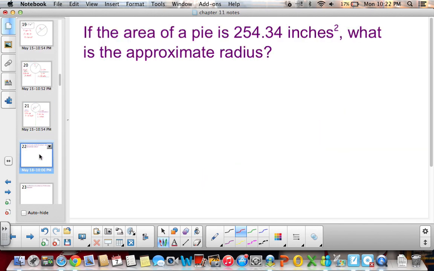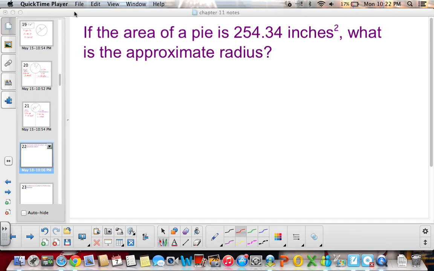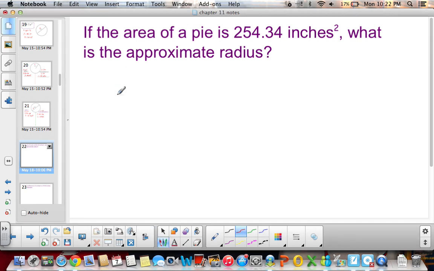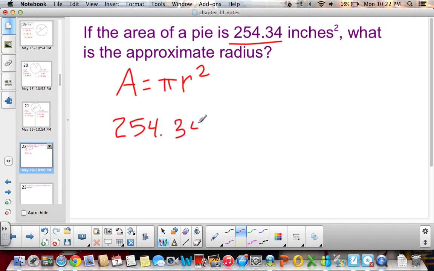If the area of a pie is 254.34 inches squared, what is the approximate radius? So again, we have A equals pi r squared. I'm given the area, so 254.34 equals 3.14 times radius squared.